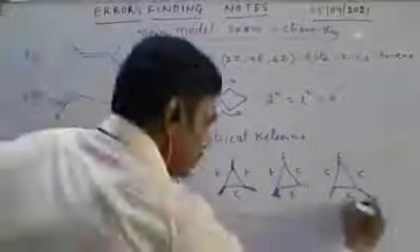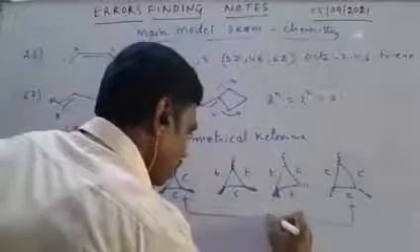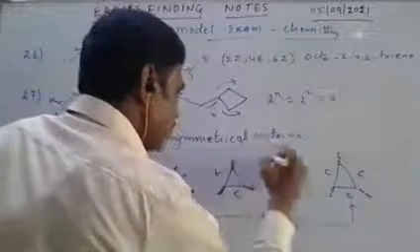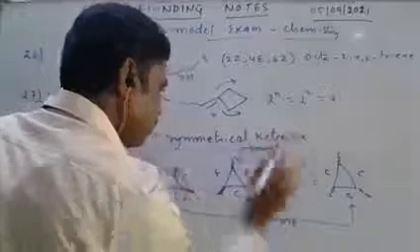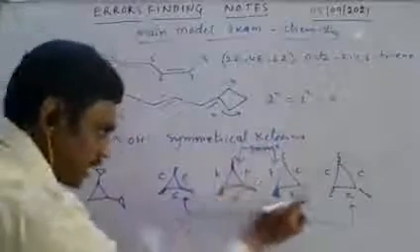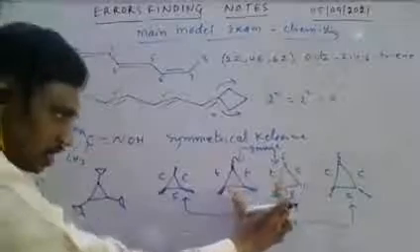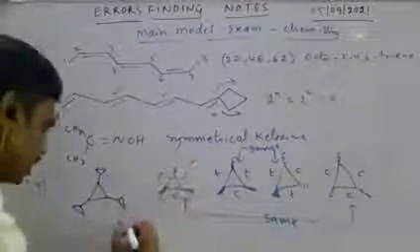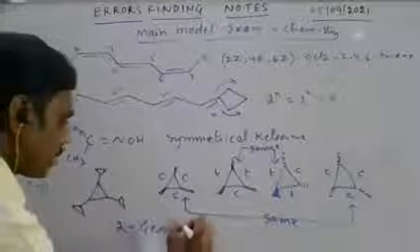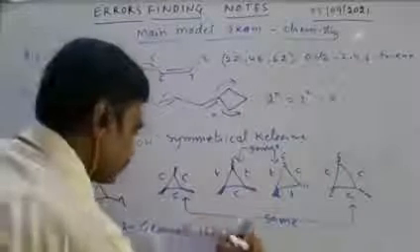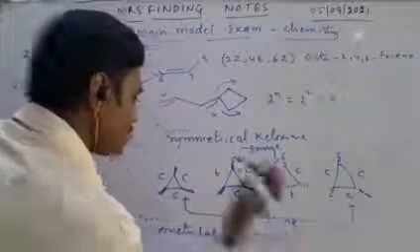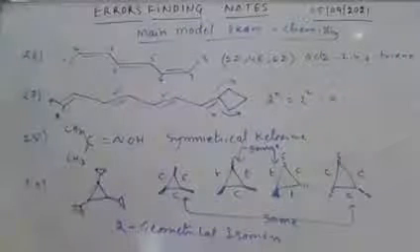So you get these two are the same compounds and these two are the same compounds, Nana. Look at this: trans, trans, cis, trans, trans, cis. These two compounds are the same and these two compounds are the same. Total possibilities here: two geometrical isomers are possible for this compound.